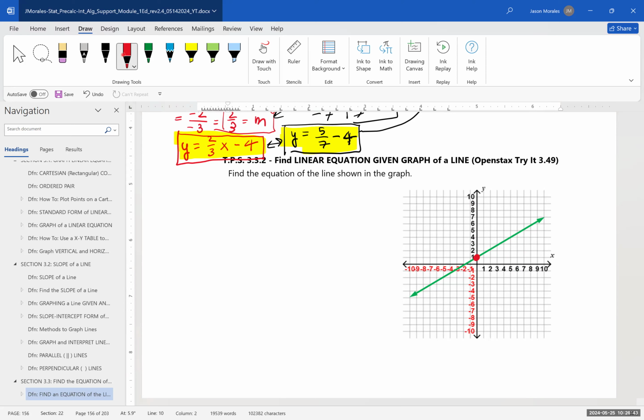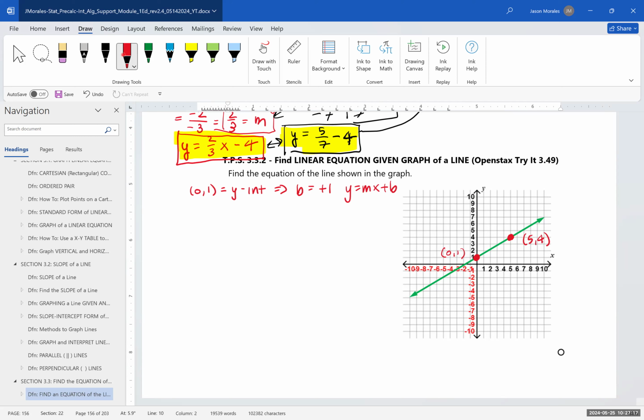So (0, 1) is our y-intercept, which means b is going to be +1 in our slope-intercept form. And maybe the next point that it crosses is the point (5, 4). So right here, at the point (5, 4).